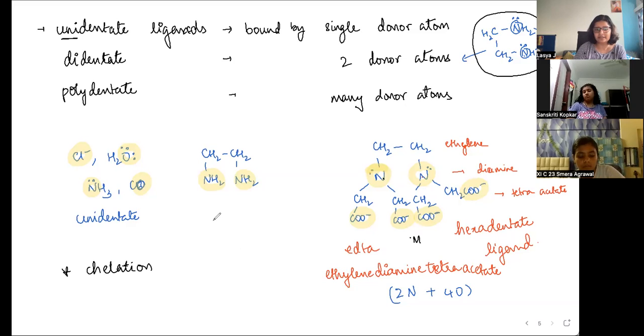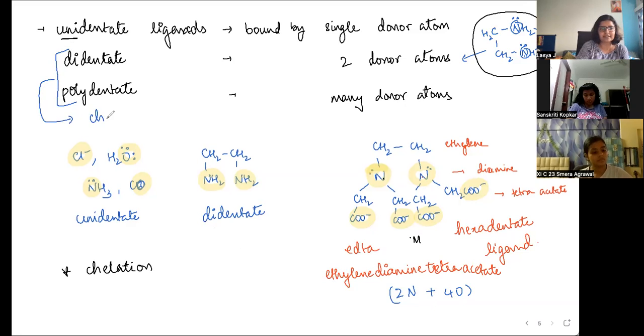And we say that didentate and polydentate form chelated structures. So didentate and polydentate, these two we say they form chelates or chelate ligands.